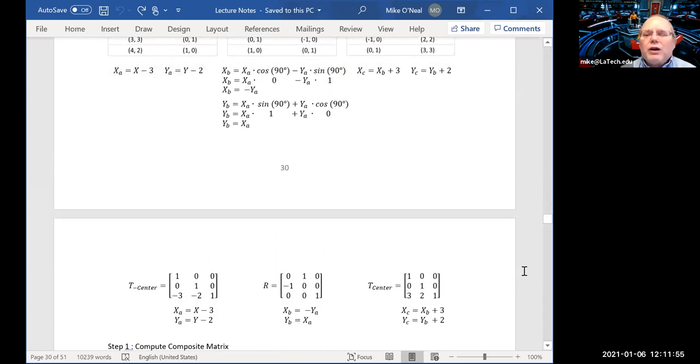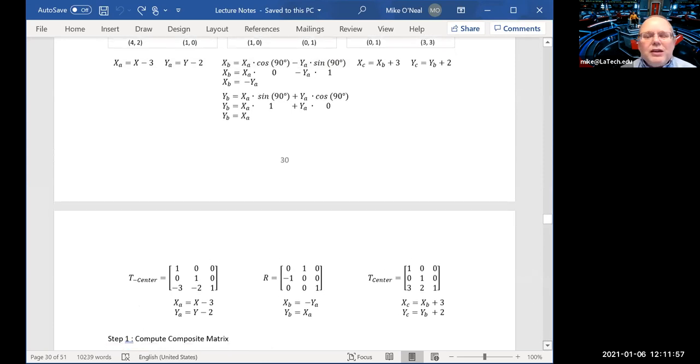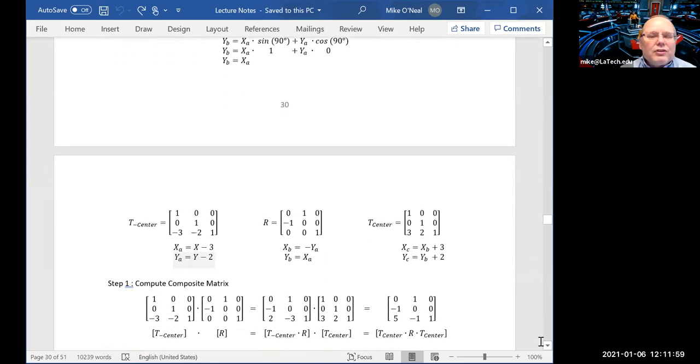These are exactly the same equations. I'm just repeating them here. So these are the equations for translation, the equations for 90 degrees counterclockwise rotation around z, when viewed from minus z, and the translation back, same equations. They would be these 3 matrices, like we just talked about.